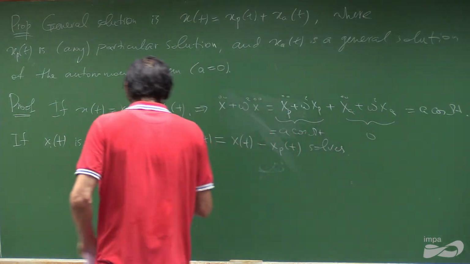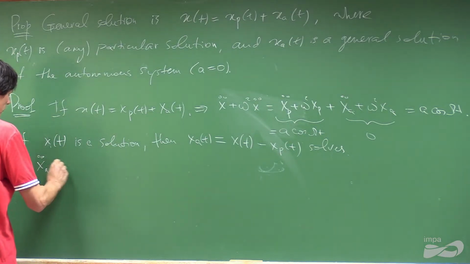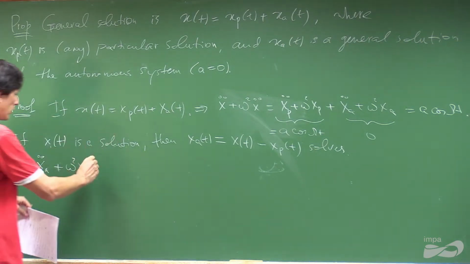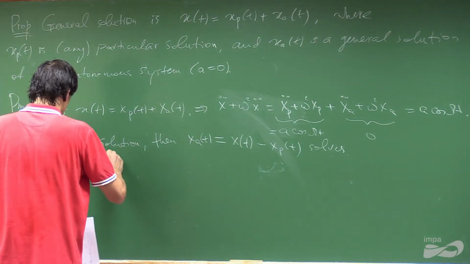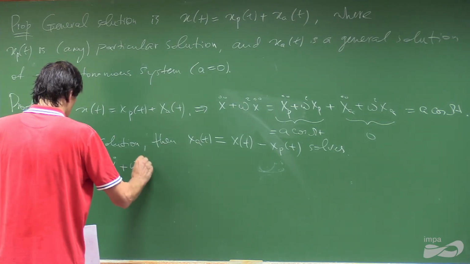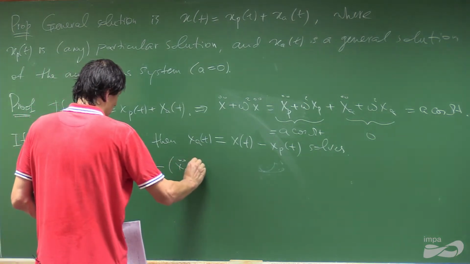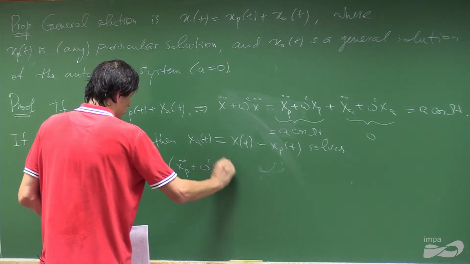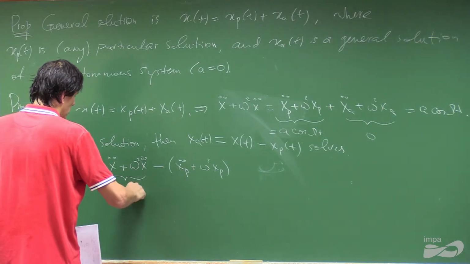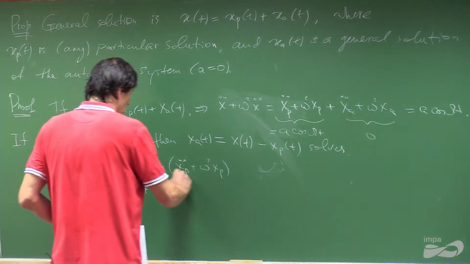So just compute this expression. That's exactly the same calculation. It will be x double dot plus omega squared x minus xp double dot plus omega squared xp. And this is A cosine omega t, because we assume x is a solution. This is also a solution, a particular solution.